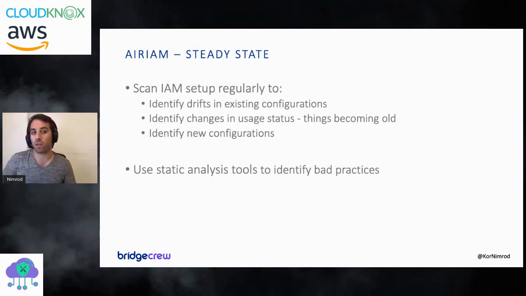You'll also be able to identify changes in usage status. So we've seen the problem where we had admins who have been unused for a long time. If you scan on a regular basis, it will by itself find entities that have been unused for 90 days, or if you modify your threshold, by your threshold, and mark them for deletion and recommend you delete them. It will also help you identify new configurations.